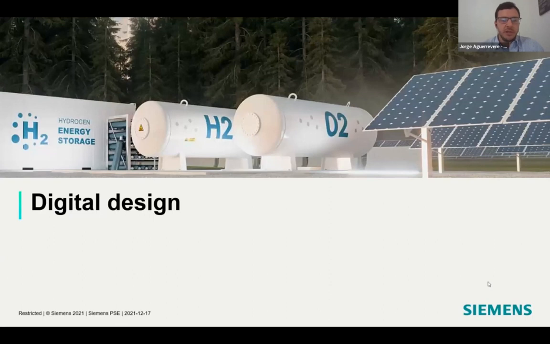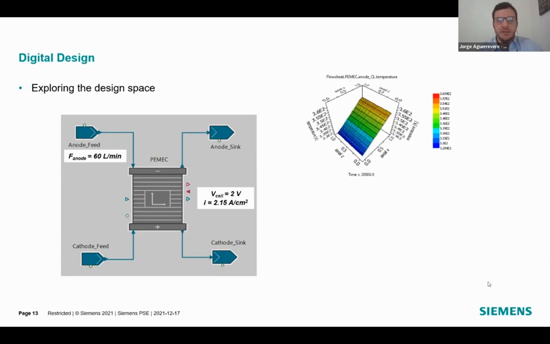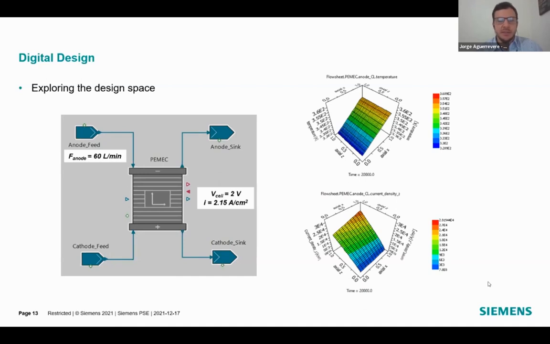So, moving on past digital R&D, where you're validating models, a validated model on its own is not of any value. The value comes from using that model in the right way. So in the simplest possible scenario, one could explore the design space. So you could look at how the operation of the equipment is under certain conditions.